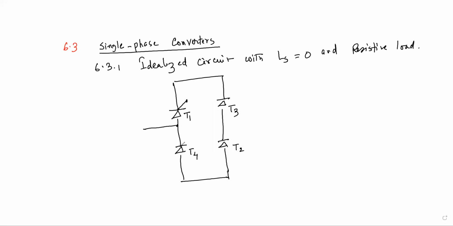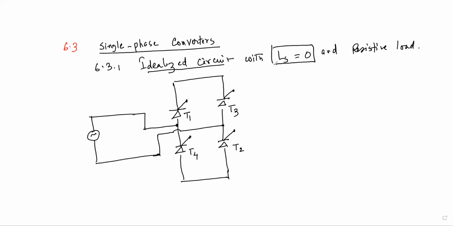Okay, so we must put the gate. So we are considering the idealized circuit with LS equal to 0. So here Vs equal to Vm sine omega t, and that will be root 2 Vs sine omega t.